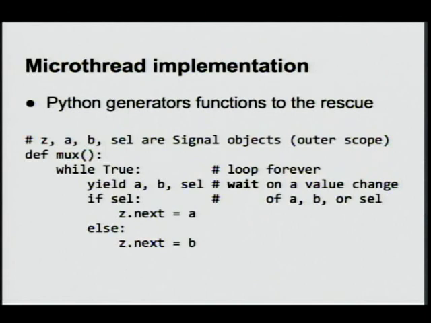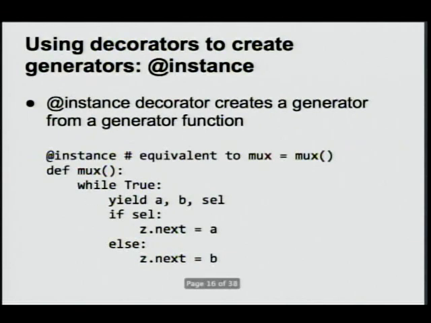That would be an overhead, having to do that all the time. So what we do in MyHDL is we define decorators to make it easier to create interesting generators.